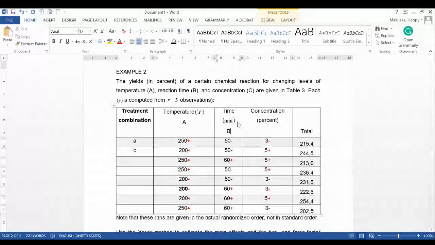This one is representing b. The last one is representing c. Let's go, another person. ABC. AC.